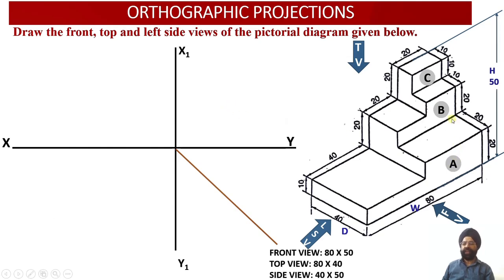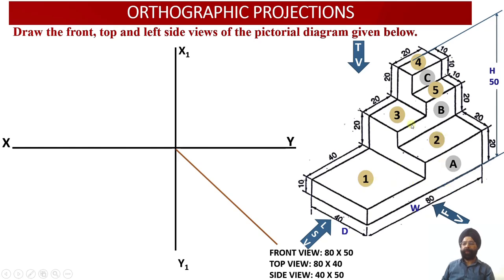So these are 3 surfaces, as we have discussed, that will be visible to us in the front view, and all these 3 surfaces are parallel to the vertical plane, so the true shape of these 3 surfaces will be observed in the front view. Similarly, you have these 5 surfaces, 1, 2, 3, 4, 5. All these surfaces happen to be parallel to the horizontal plane.